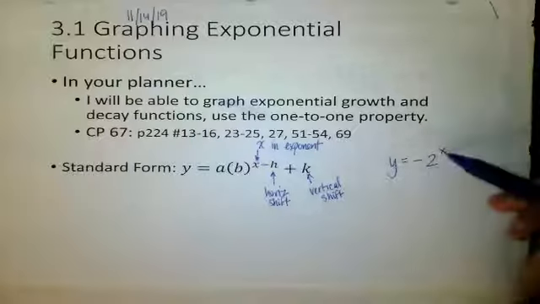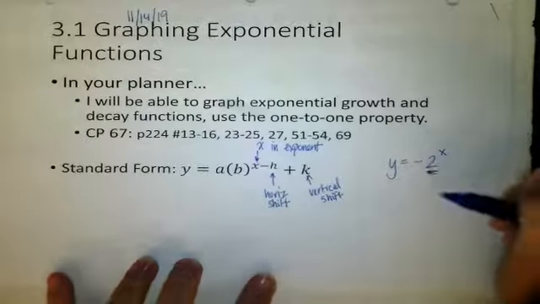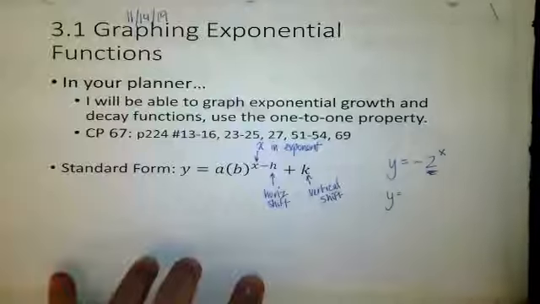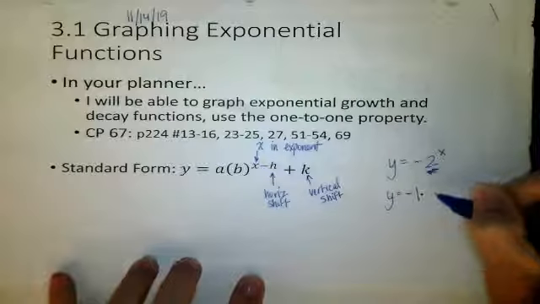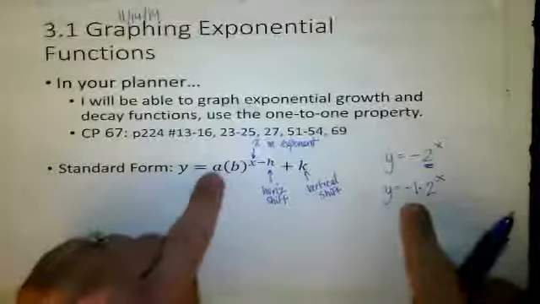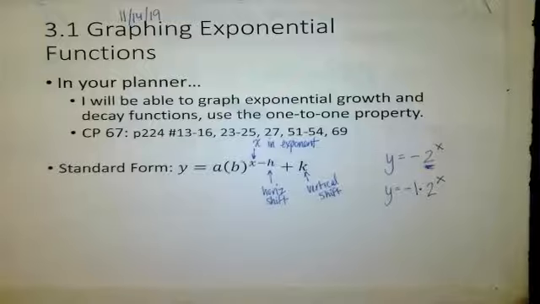The x only affects the 2. This 2 is the base. And what's the a then? Negative 1. So it's really negative 1 times 2 to the x if you're wanting to fill it in so that we have an a and a b, all right? And it's really important that you understand that. That negative has nothing to do with the exponent, all right?